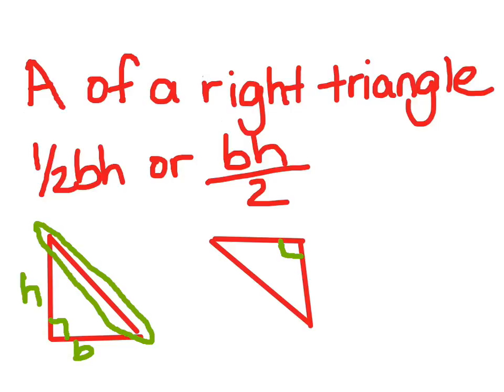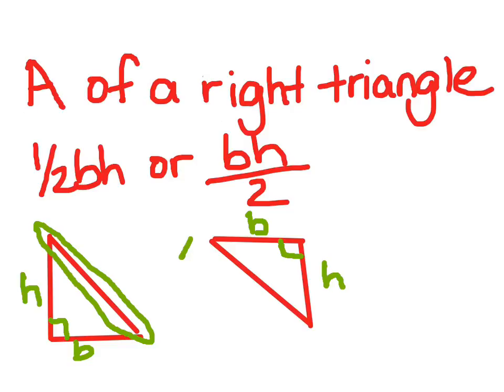Here it's the same thing, but because it's upside down, sometimes it can be difficult to identify the base. But in this case, here's the base. And remember, just like I said on the other one, the height leads you to the right angle. Okay? And then again, this is the hypotenuse.